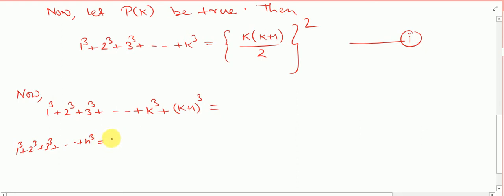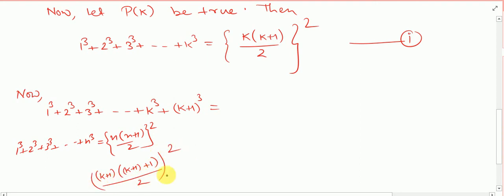So on the right hand side we had this. Here you have taken till k plus 1. So at the end, on your right hand side you should have k plus 1, k plus 1 plus 1, whole divided by 2 whole square.